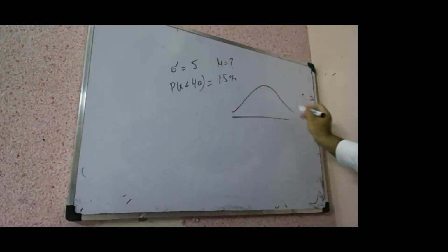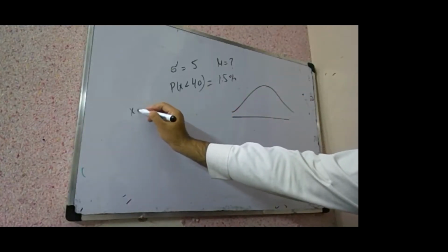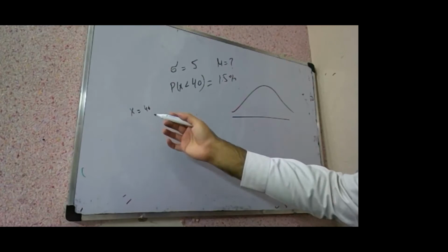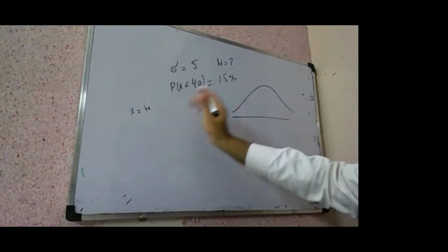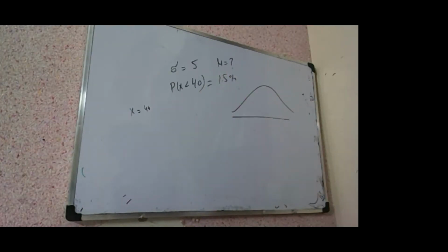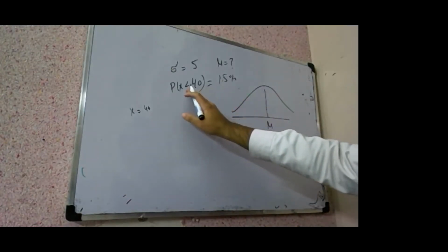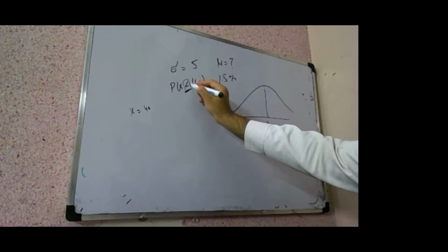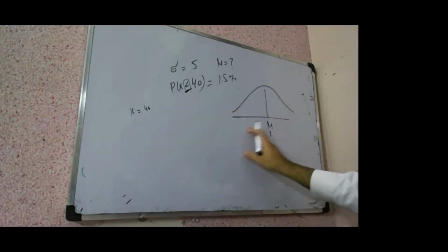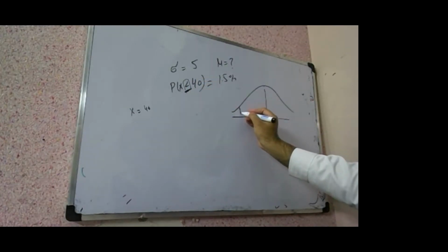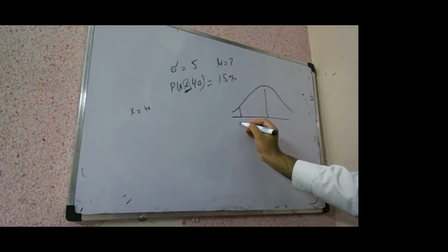Now this is given. So here X is given as 40, mu we don't know, probability is given as 1.5%. In this case, how will you do it? We know the center point is mu, which we don't know, which is a question mark. Sigma we know. This area, because it's less, you can see, it's moving this way, so it must be here, 1.5%, right?